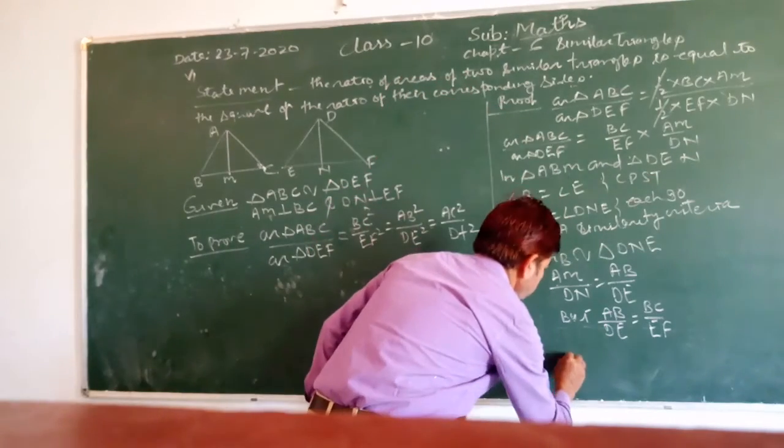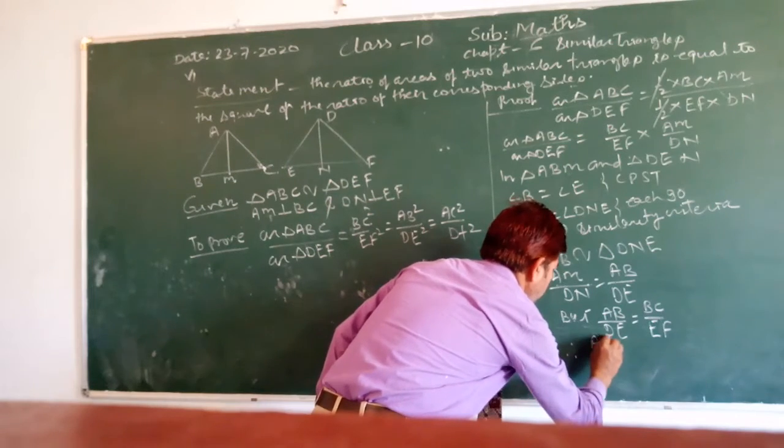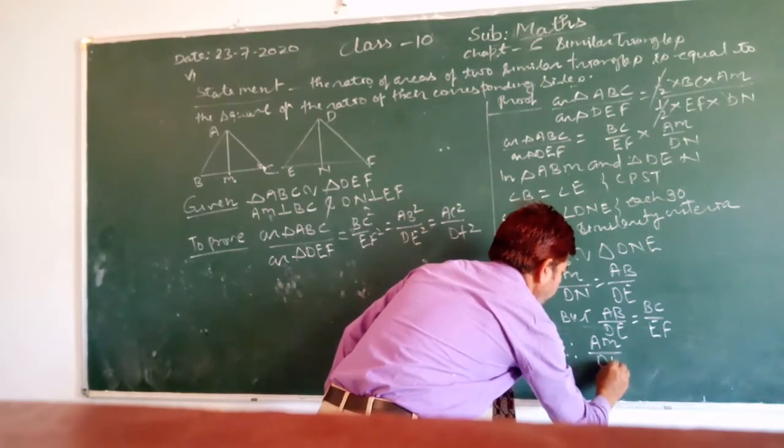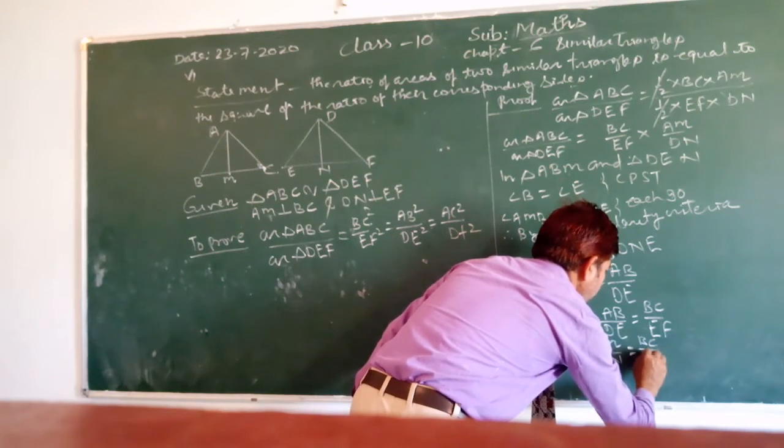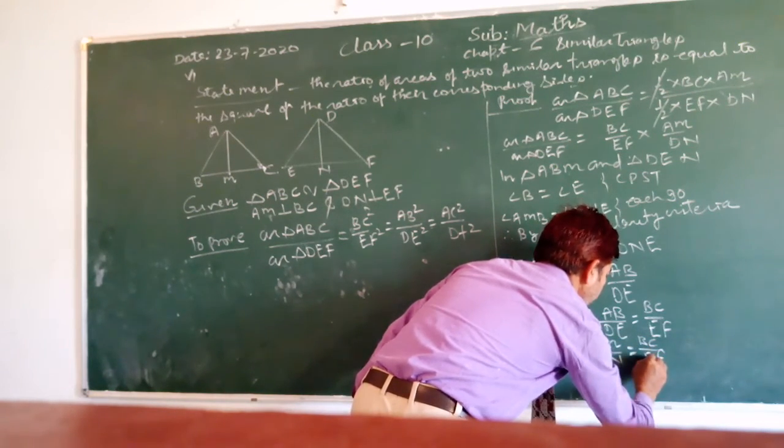Therefore, AM upon DN is equal to BC upon EF.